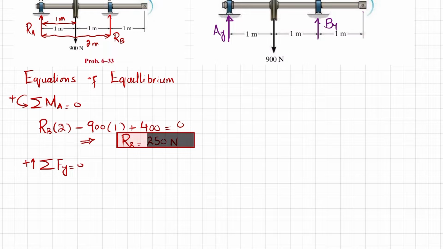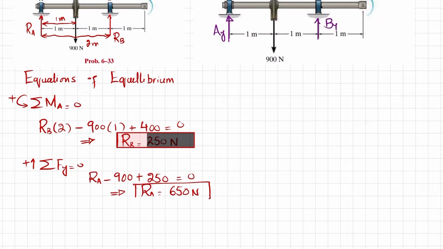Their sum must be equal to 0. So RA upward minus 900 plus 250 equals 0. From here you will get RA equal to 650 Newton.